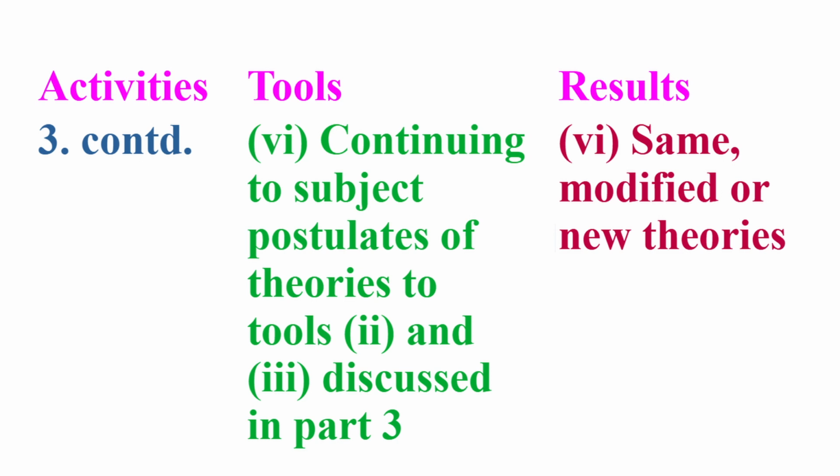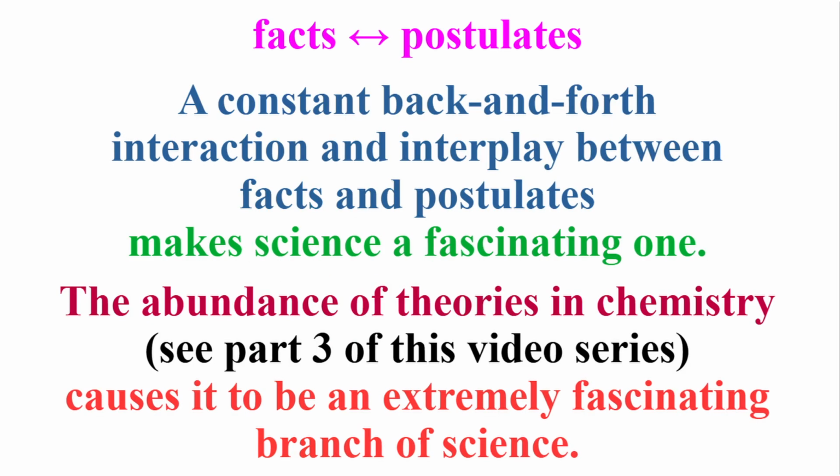On the other hand, if the prediction by the theory agrees with the experimental result, we retain it and continue to subject it to tools 2 and 3. And this back and forth interaction and interplay between facts and postulates continue forever, making science an extremely fascinating one.